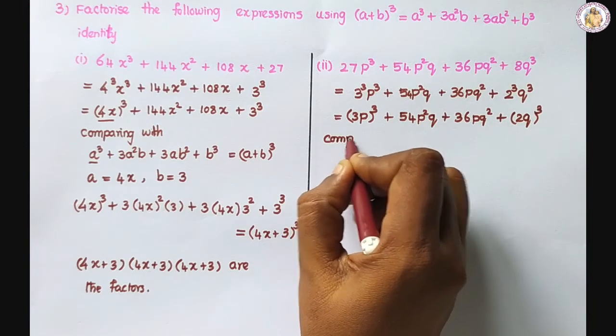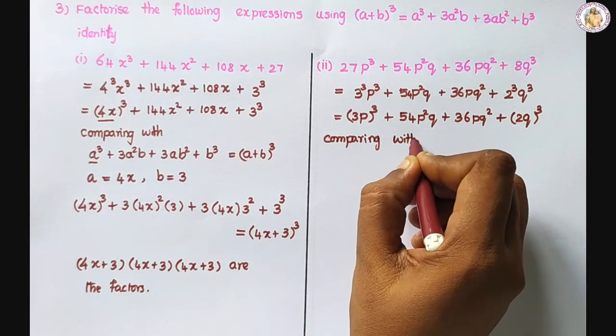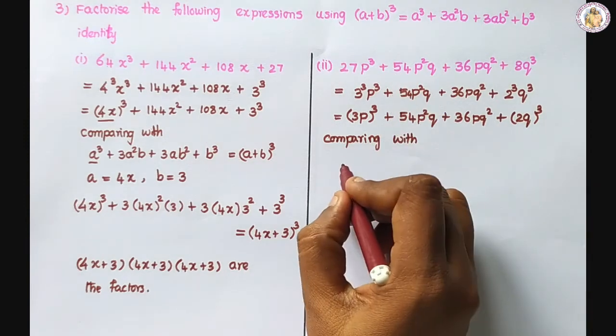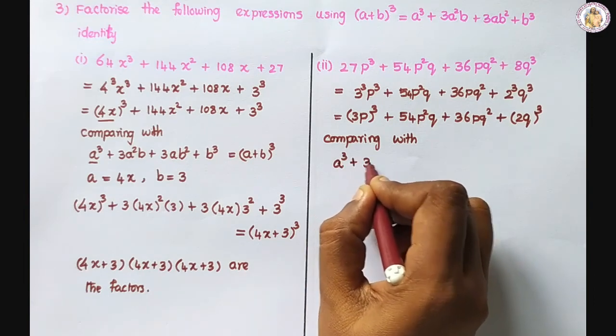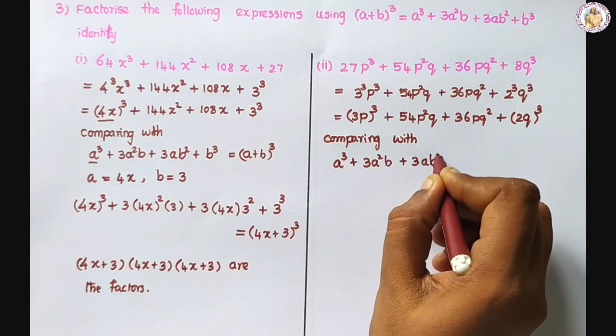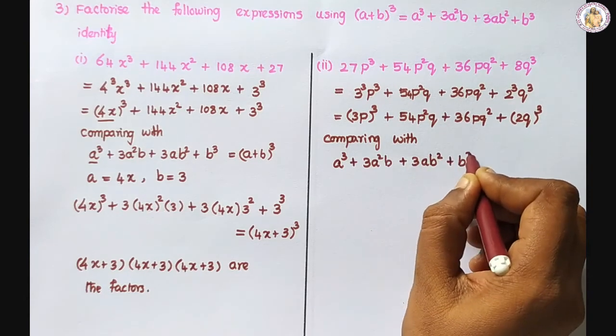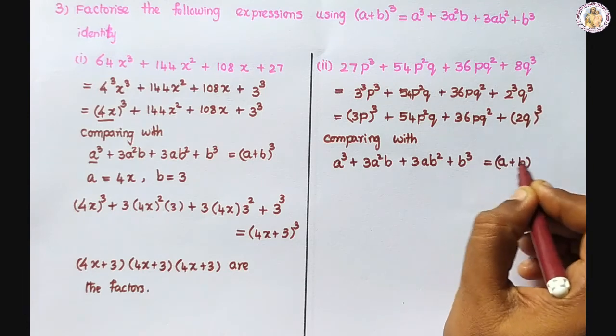Comparing this with the given identity, a cube plus 3a squared b plus 3ab squared plus b cube equal to (a plus b) whole cube.